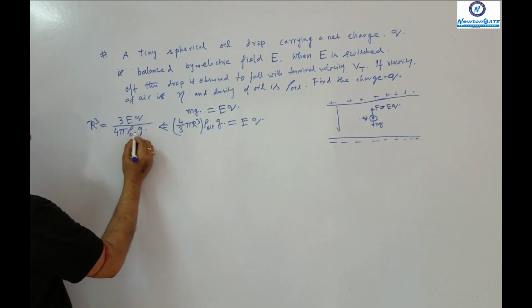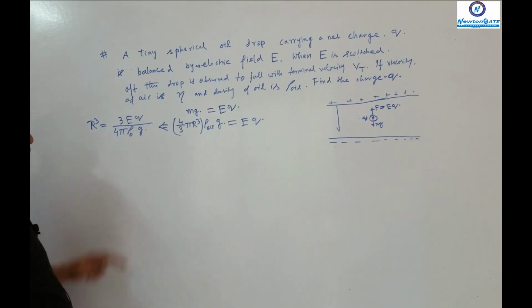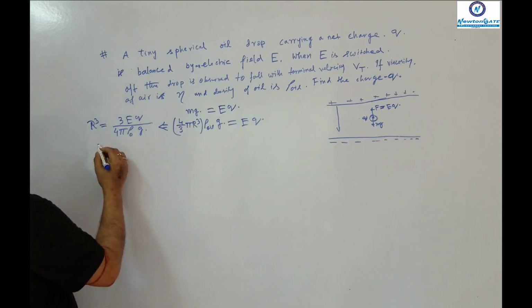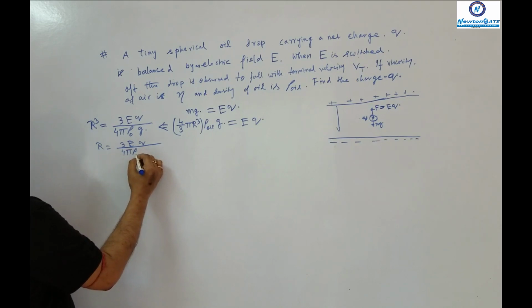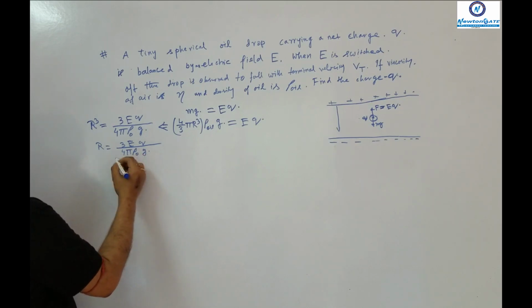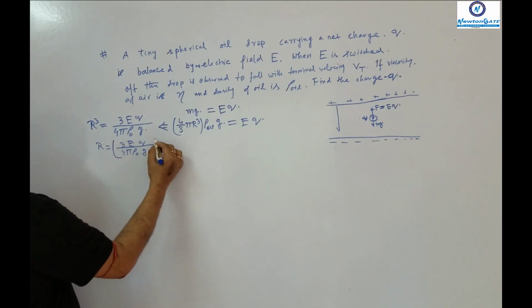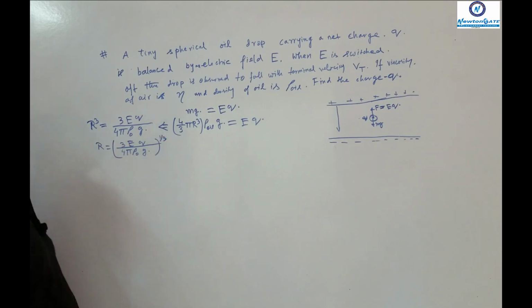I am writing rho oil as rho naught. That means r basically is equal to 3EQ divided by 4 pi rho naught into g, to the power 1/3 of it.